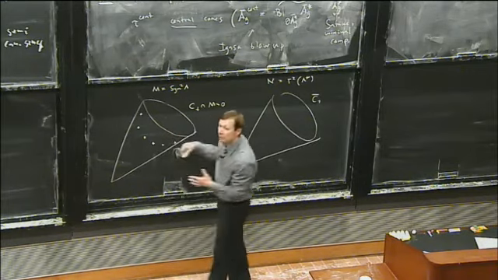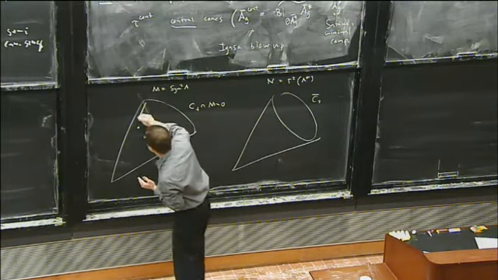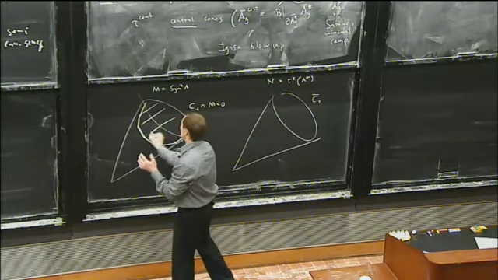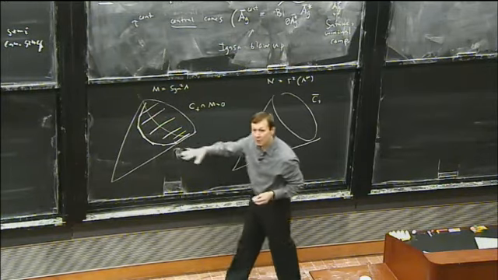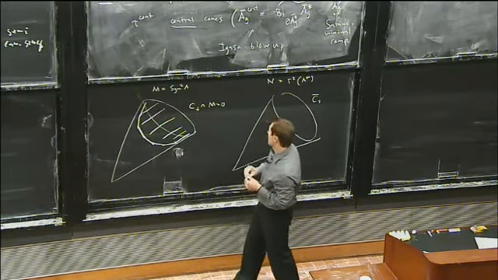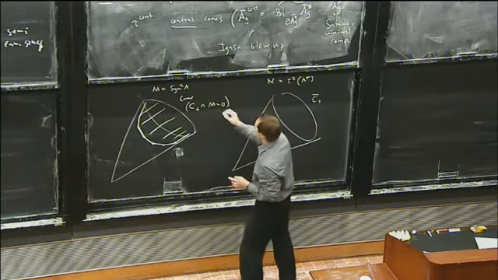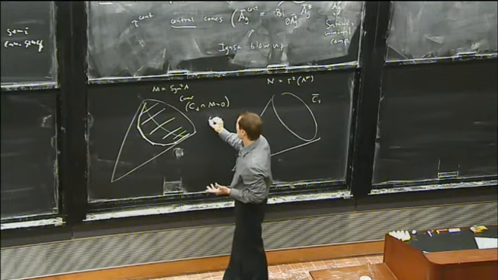There will be countably many of them. You look at the convex hull, and what you get is an infinite polyhedron with countably many faces. So take the convex hull of that, and this convex hull is called a core.